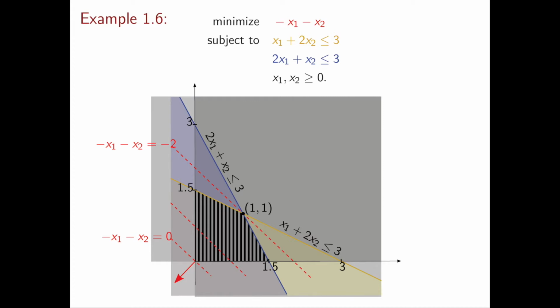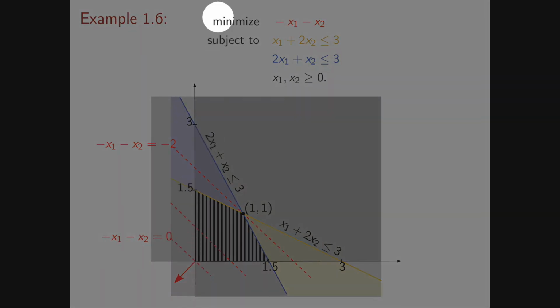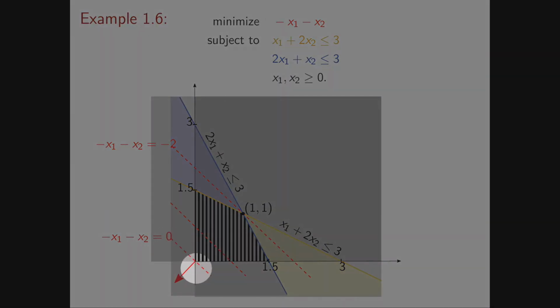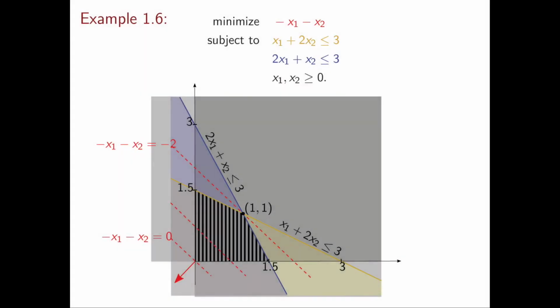Now we have all the ingredients that we needed to identify the optimal solution to this very simple problem. So why is that? In fact, in this optimization problem, our task is to minimize the objective function. So we want to essentially shift our red line as much as possible in the direction opposite to the red arrow, because in the direction of the arrow you increase the right-hand side, and we want to decrease it as much as possible because we're minimizing.